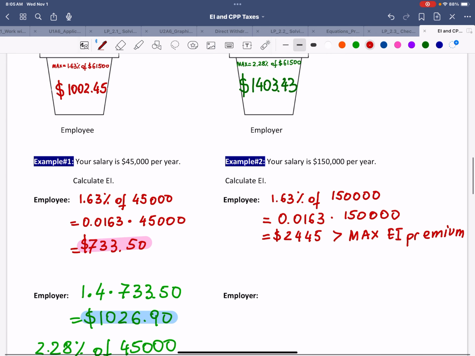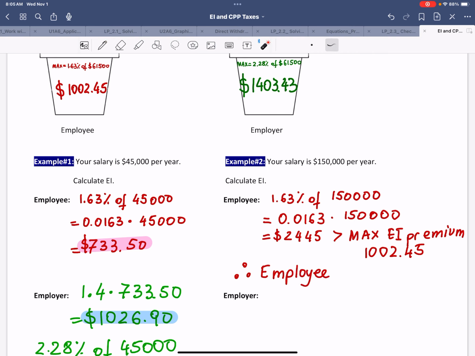The maximum EI premium is $1,002.45. Therefore, the employee will pay just the maximum, right? Even though the 1.63% will give you 2,445, he doesn't have to pay that because he has reached the maximum probably halfway through the year.